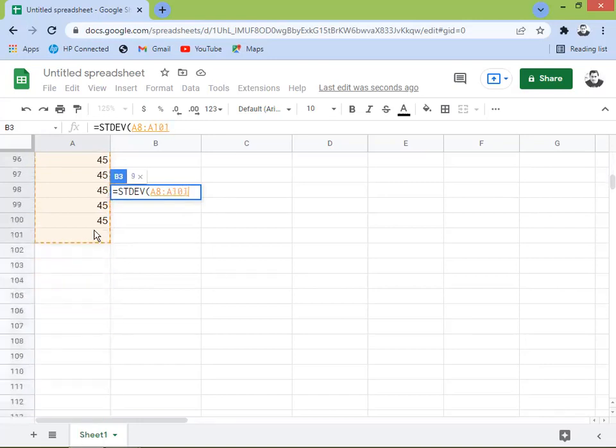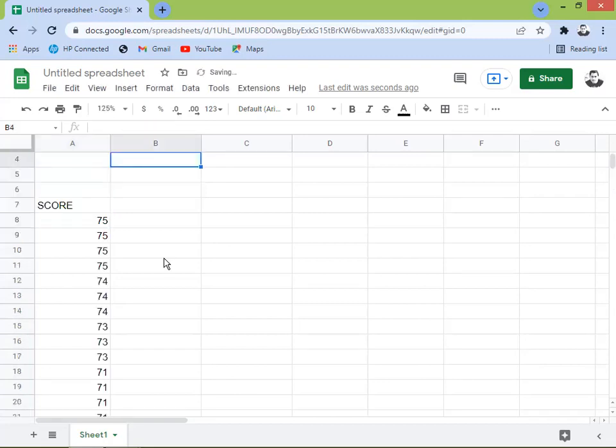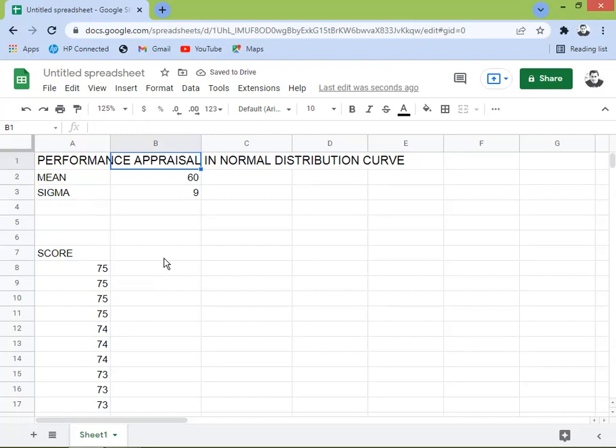This is supposed to be the performance appraisal score of employees. So we decide the pass mark, the majority of the employees who've gotten a high score or something like that. We're going to analyze the observation based on a normal distribution.